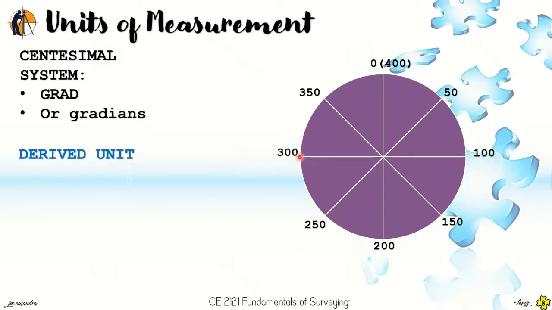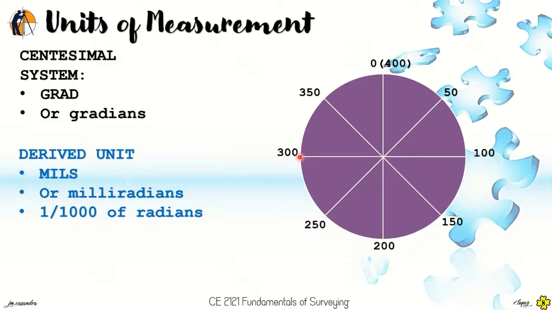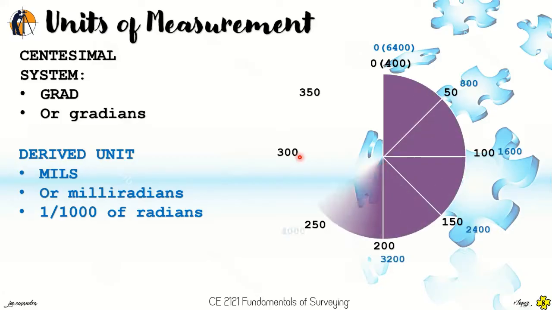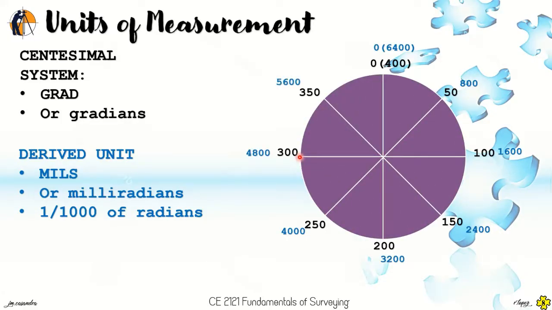Lastly, we have a derived unit from the metric system or from our circular system, which is mils, also called milliradians. This is defined as 1 of 1,000 of a radian. Its equivalent for 0 degrees will be 0 or 6,400 mils. 90 degrees is equivalent to 1,600 mils. 180 degrees is 3,200 mils.